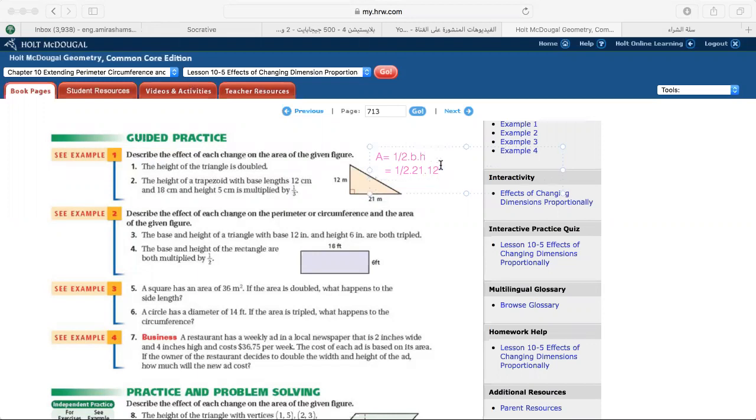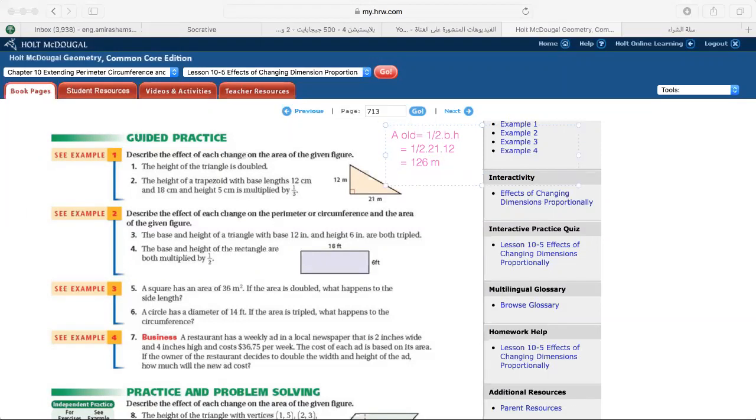Half of 12 is 6, and 6 multiplied by 21 is 126 meter squared. This is the original one. I will write it as area old.